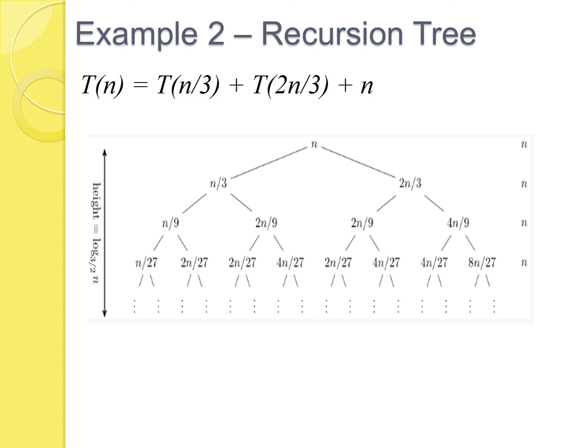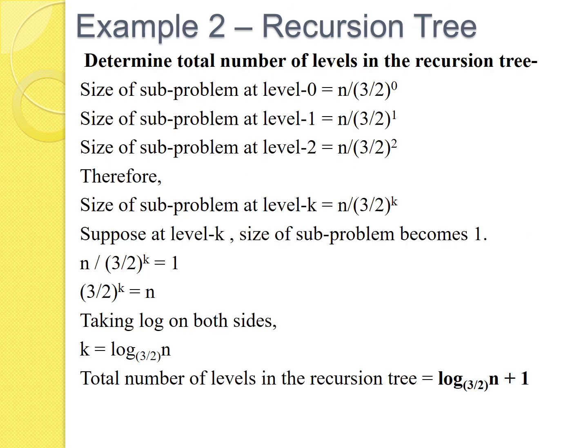This proceeds until the leaf node of the recursion tree. To compute the cost of the problem, we have to determine the total number of levels in the recursion tree and the cost at each level of the recursion tree.